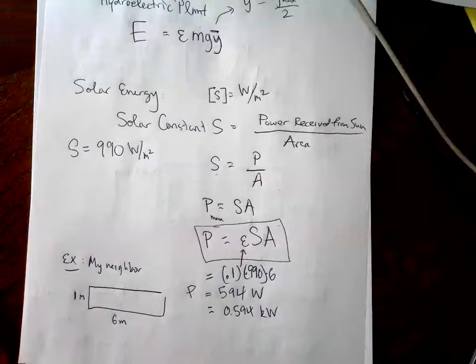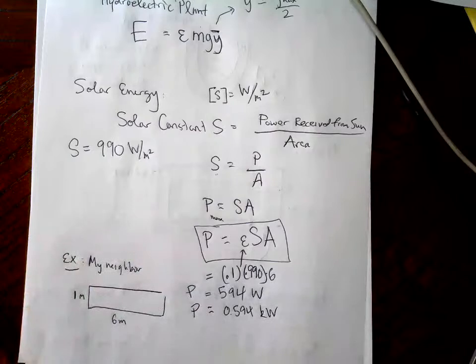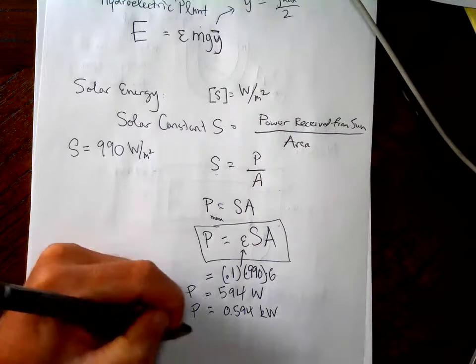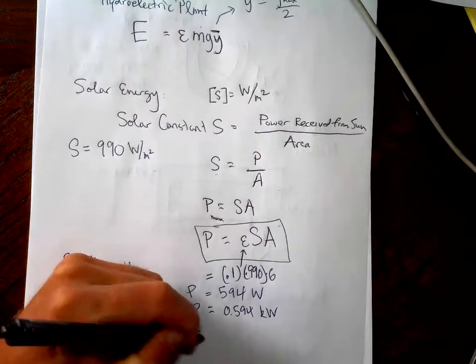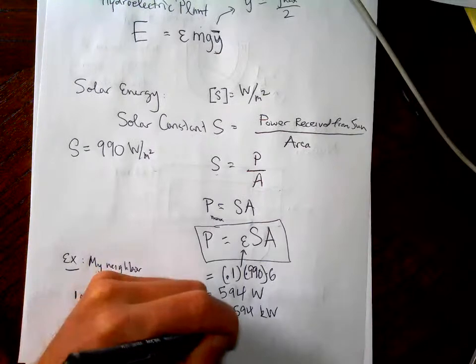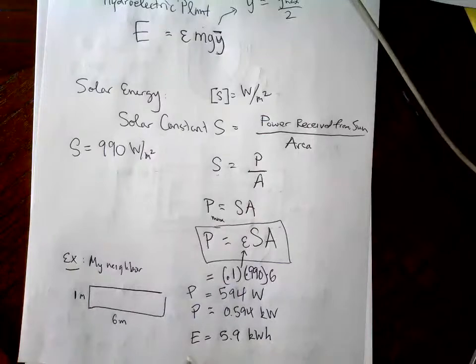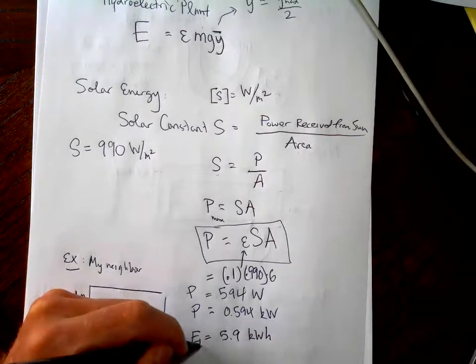If we take power and multiply it by time, we get energy. So how many hours are her solar panels getting energy for each day? Maybe 10 hours. So if we multiply that by 10, the total energy that her solar panels are going to output per day is 5.9 kilowatt hours. So I multiplied it by hours to get energy. Okay, so that's the energy in a day.